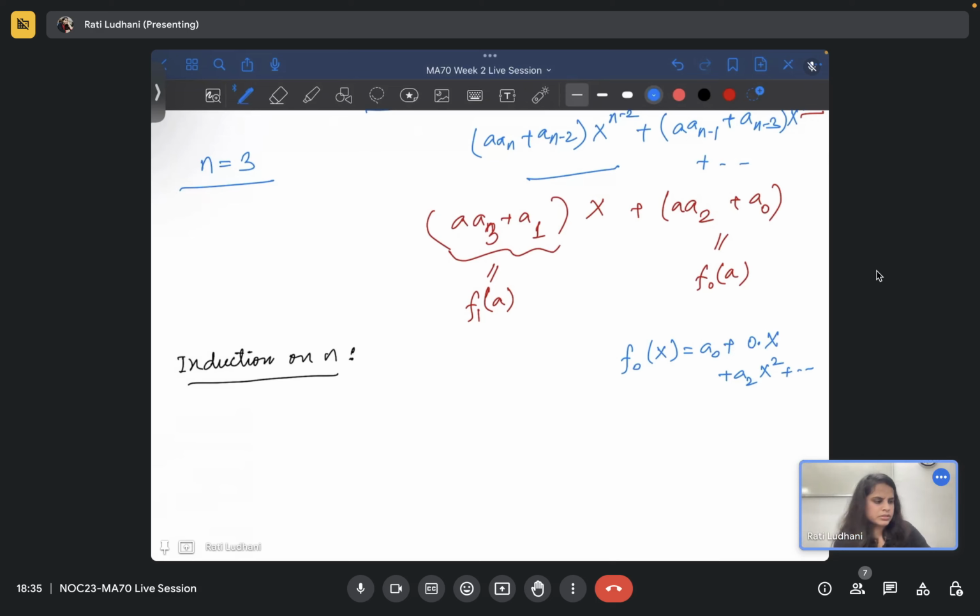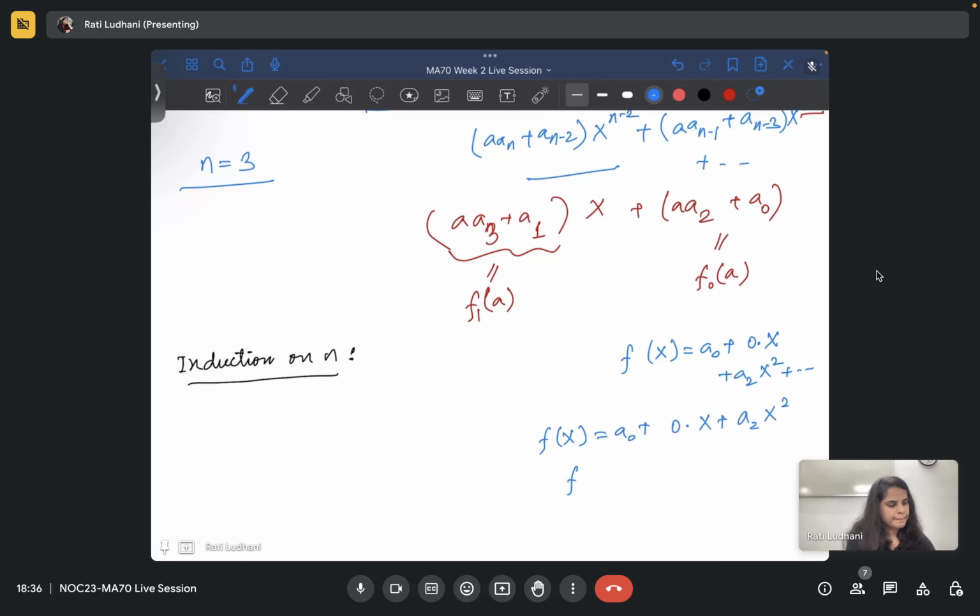Not really. Why? Because you are defining f0 or f1, only fx. So you take fx to be what? a0 plus 0 times x. Yeah, basically every odd coefficient is 0. Then a2 and so on and so forth.